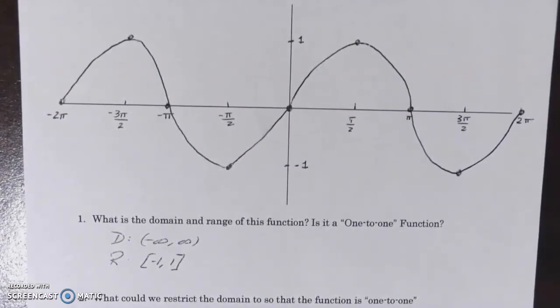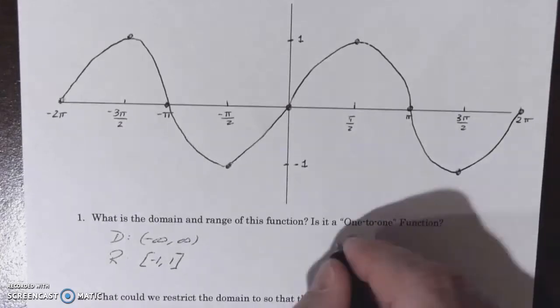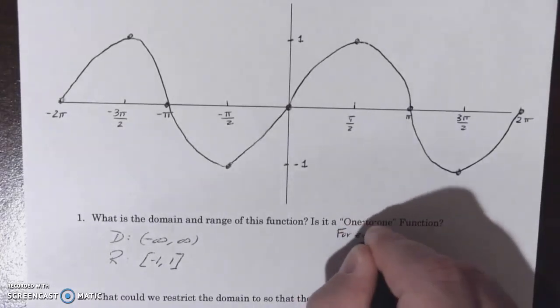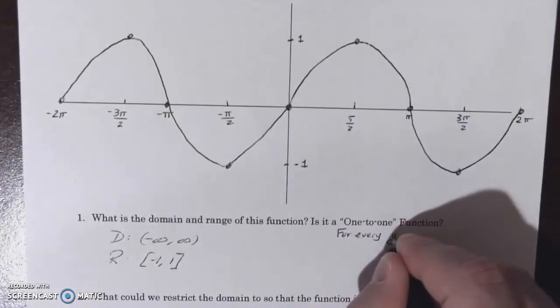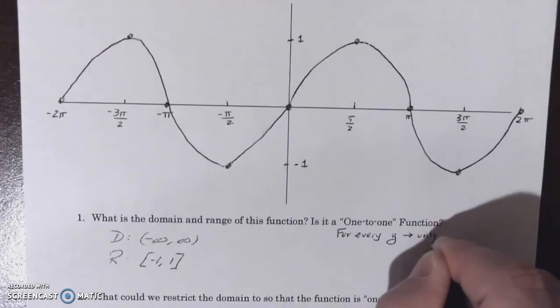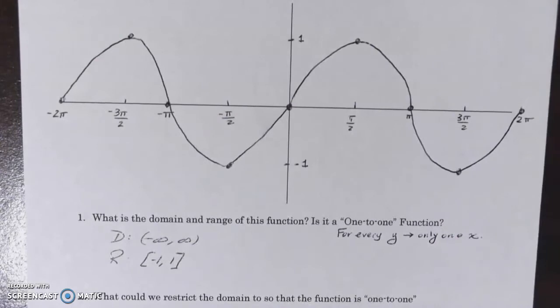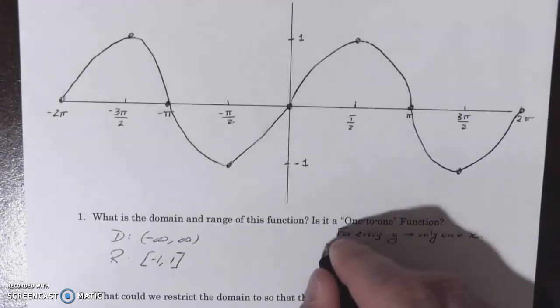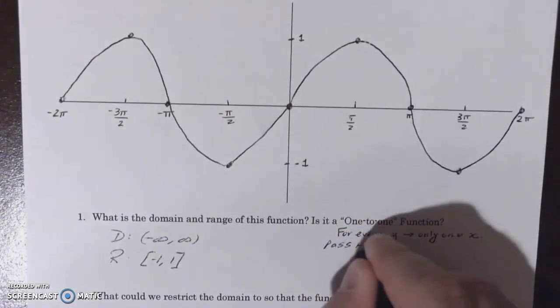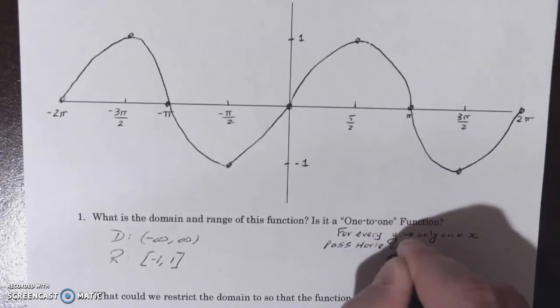Okay. We can also say that a function is 1-to-1 if for every output, there is only one input. For every y, there is only one x. That would be the definition of a 1-to-1 function. How would we know that? It would pass the horizontal line test.